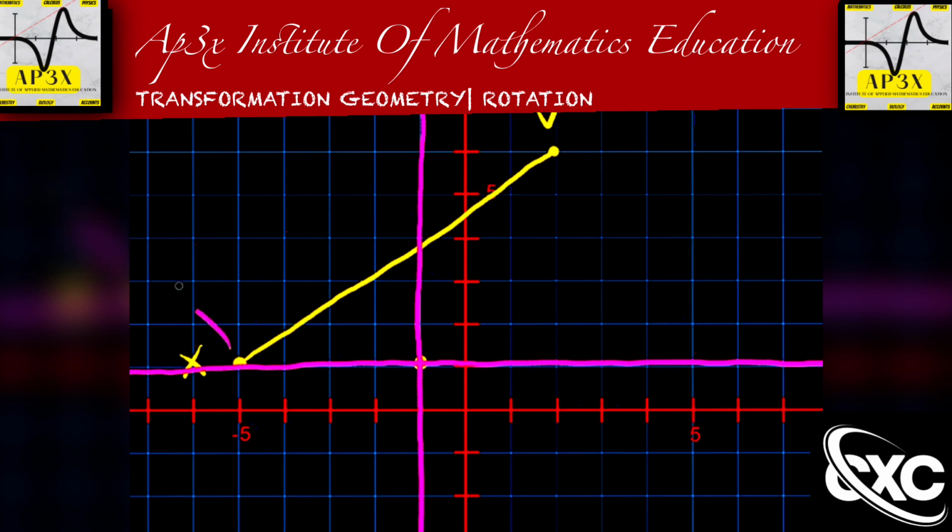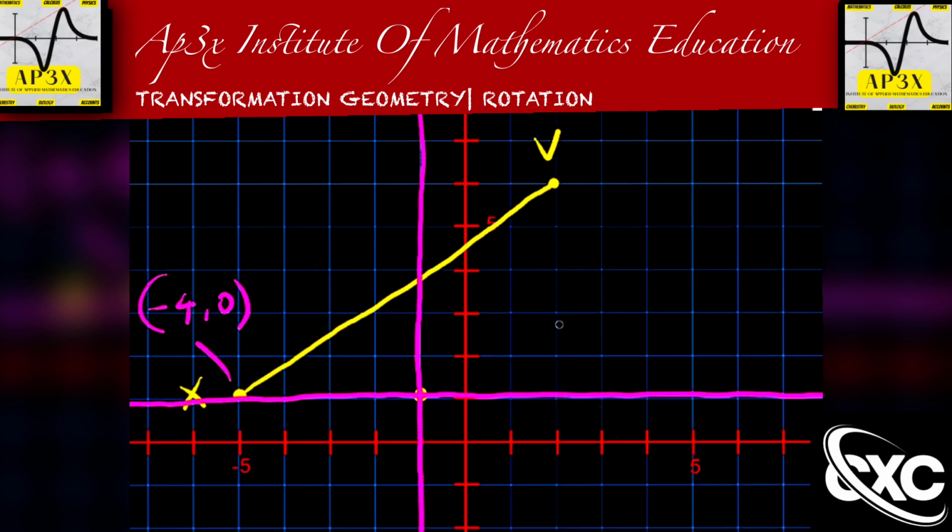So this here is now (-4, 0). And V, counting from our new origin, is 1, 2, 3, and 1, 2, 3, 4, 5. So it is 3 across and 5 up. So our new point here is (3, 5). And therefore we have new coordinates because we have a new center of rotation.